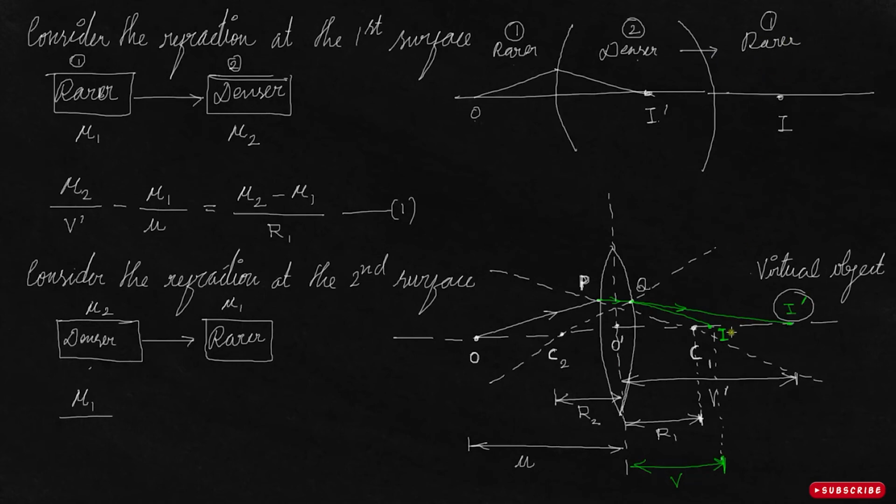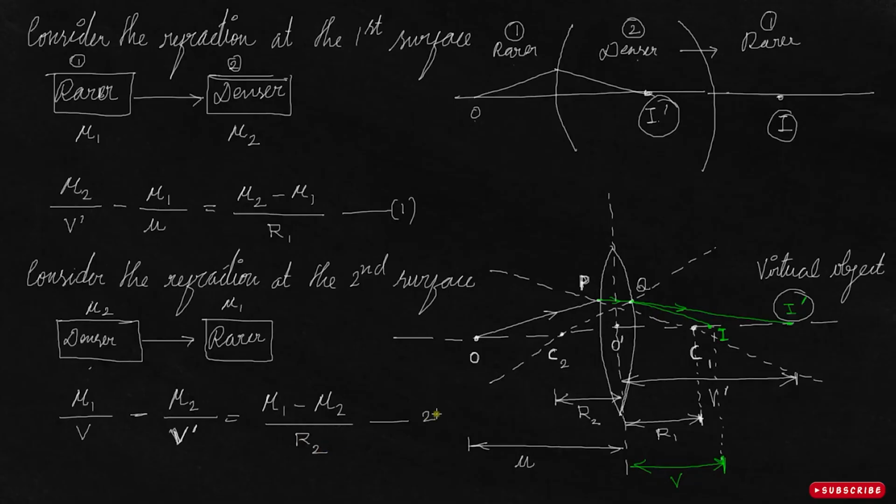So the distance in the rarer medium is actually the final distance of the final image, I. So V minus, now the first medium, on the left hand side, mu2 by the distance in the denser medium, the distance of I dash in the denser medium, that is actually V dash. Okay. Now take the same order, that is mu1 minus mu2 divided by R2.